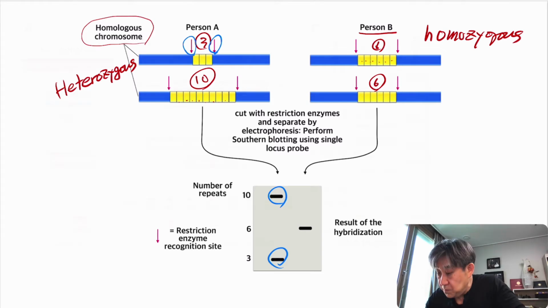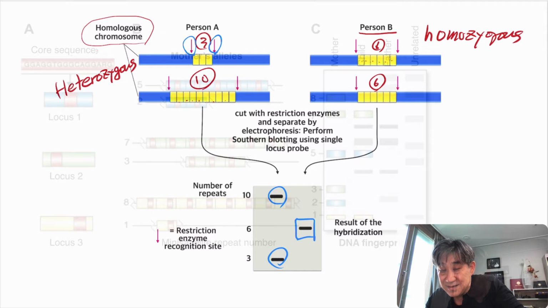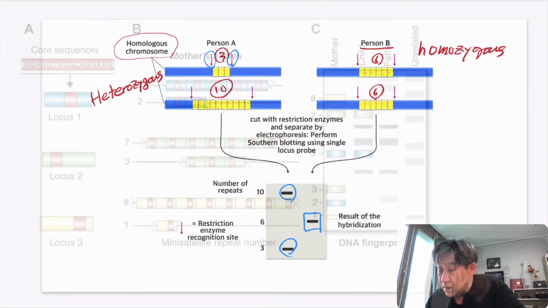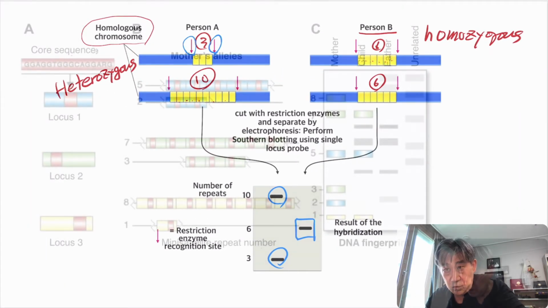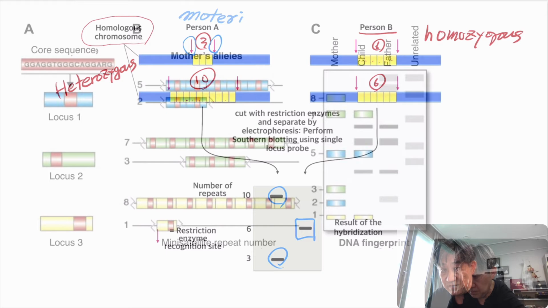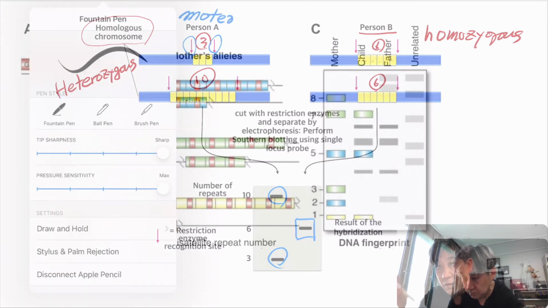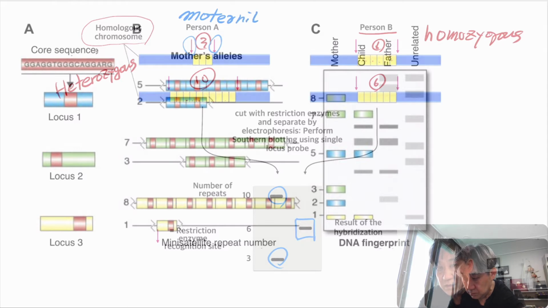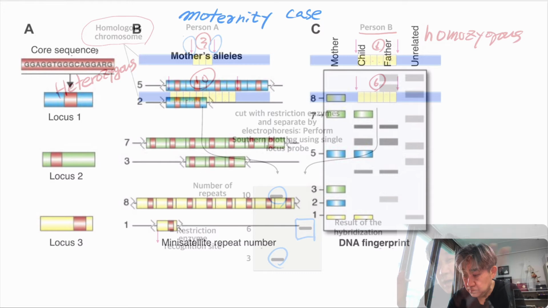On the other hand, person B will generate only one intermediate-size fragment like this. That is the DNA fingerprint application. These VNTRs are spread all over different locations of the chromosomes, so by combining all of this data, you can generate a very unique pattern for one individual.